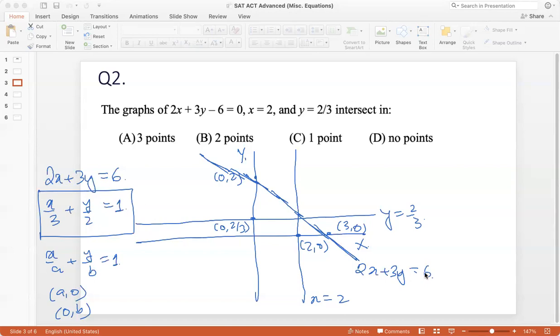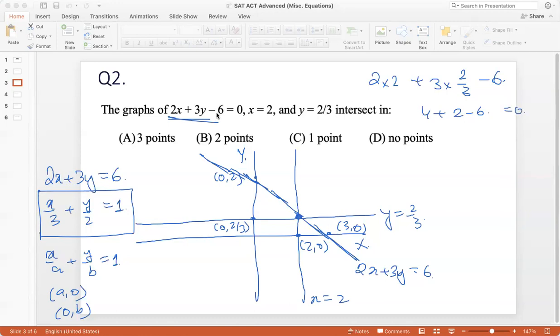So I can see that the horizontal line y is equal to 2 by 3, the vertical line and this slanting line, they seem to come together at this point, but I'll have to confirm that. So let me put x equal to 2 and y equal to 2 by 3 in this equation. So I'll get 2 into 2 plus 3 into 2 by 3 minus 6. So that's 4 plus 2 minus 6.